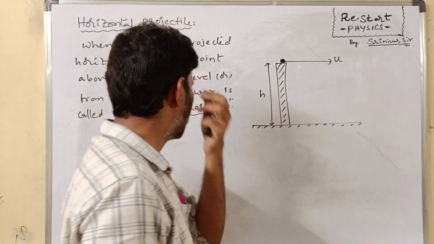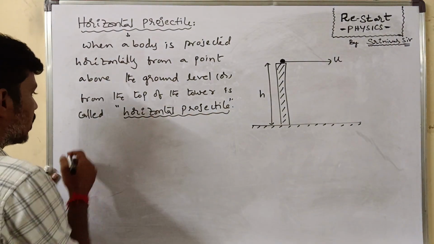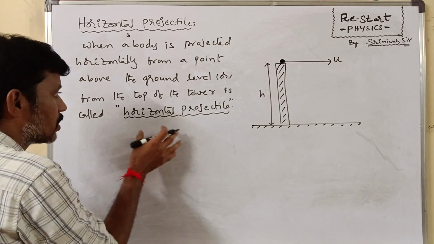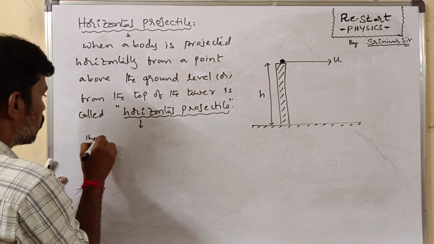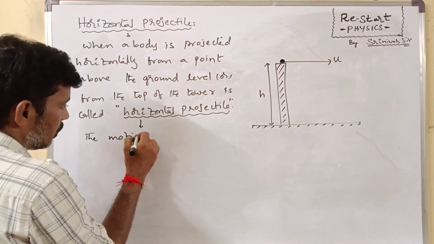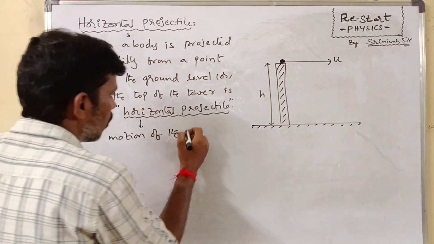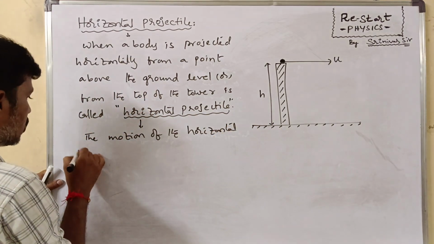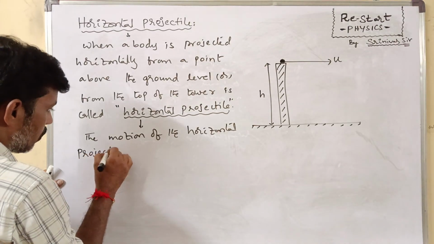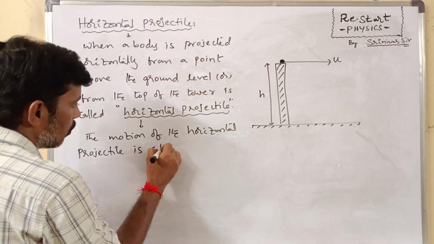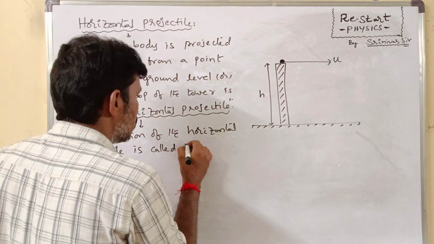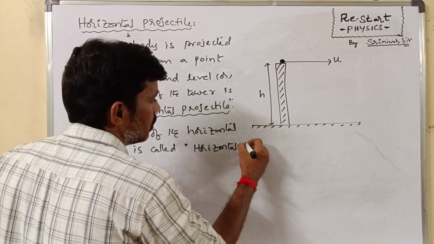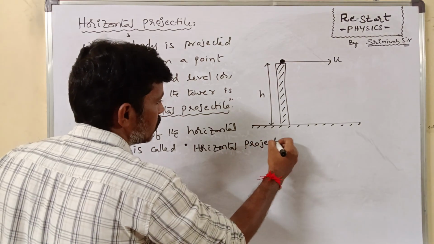Okay, clear? Horizontal projectile. So let us analyze that horizontal projectile motion. This type of motion is called horizontal projectile motion. The motion of the horizontal projectile is called horizontal projectile motion.